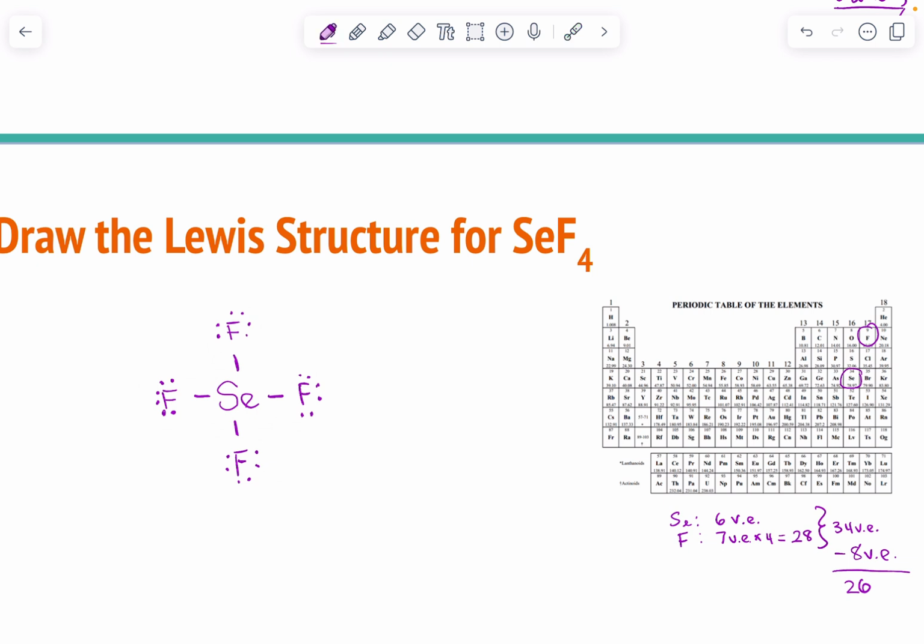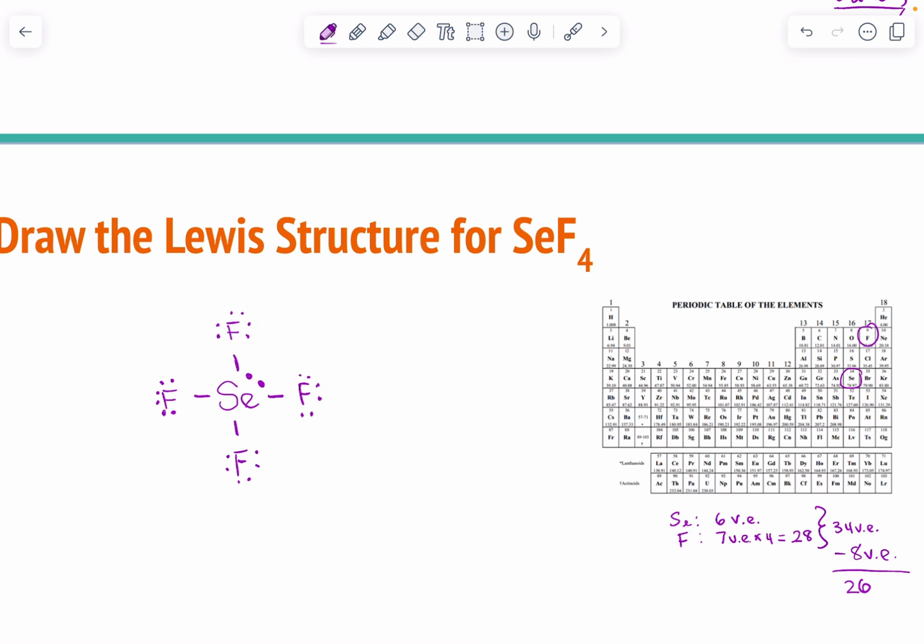If you go back and recount everything we've added here, there's 8 electrons around the middle, okay, with the bonds, so 8 bonding electrons. And then we have 2, 4, 6, 8, 10, 12, 14, 16, 18, 20, 22, 24 electrons, plus the 8 is 32, which means I have 2 electrons that I still need to place here, okay? And so you may remember that in the rules for drawing Lewis structures, we said if there are additional electrons or too many electrons, we're going to go ahead and add that pair on the central atom.